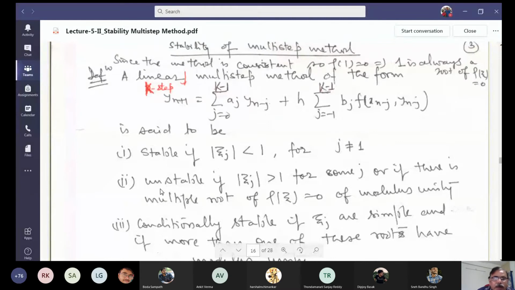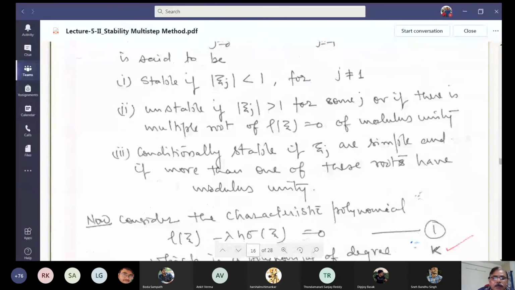It is unstable. And it is conditionally stable if the xi j are simple and more than one of these roots have modulus unity. Is that right?